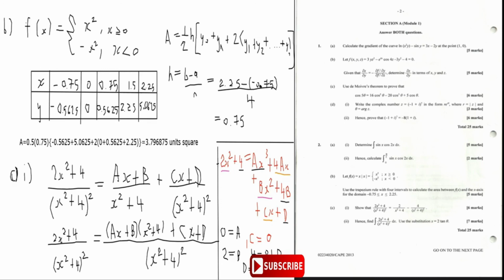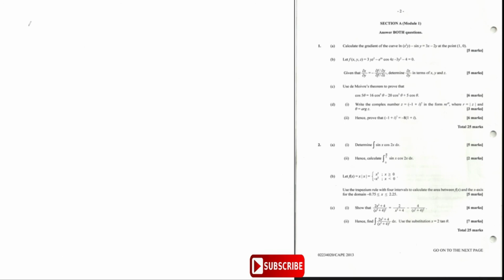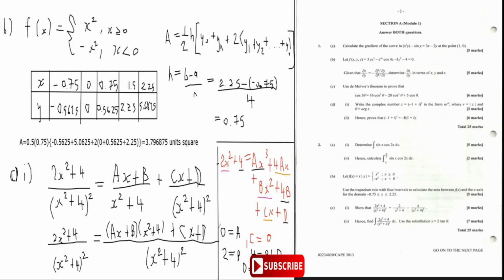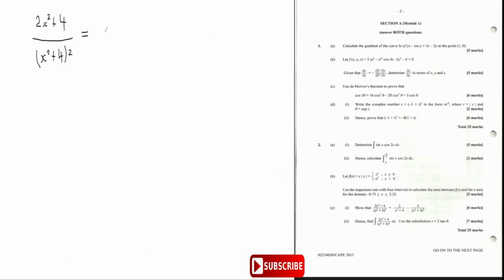All right. Now that we have a, b, c, and d, we can say hence 2x squared plus 4 over x squared plus 4 all squared is equal to ax plus b, where a is 0 and b is 2, so it works out to be 2 over x squared plus 4, plus cx plus d, where c is 0 and d is minus 4.